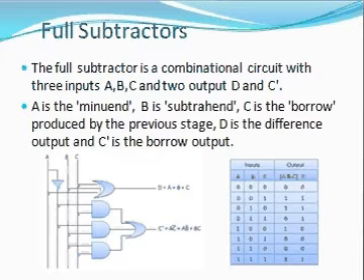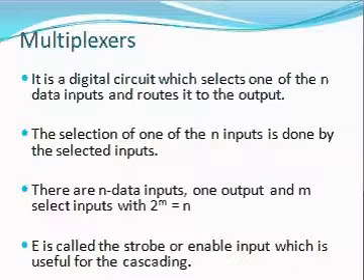And next one is multiplexers. A multiplexer is a digital circuit which selects one of the n input data and routes it to the output. That is n inputs and one output. The selection of one of the n inputs is done by the selection lines.